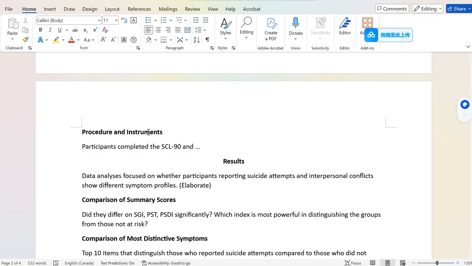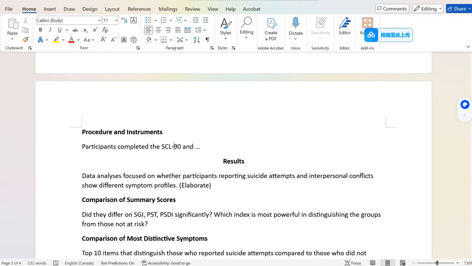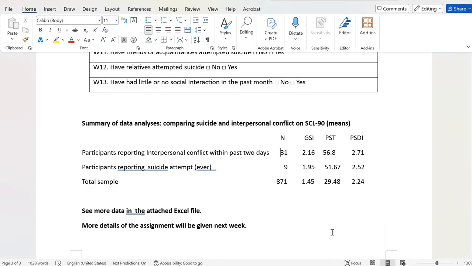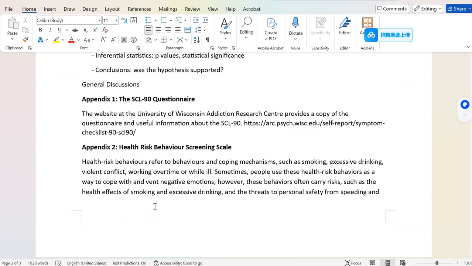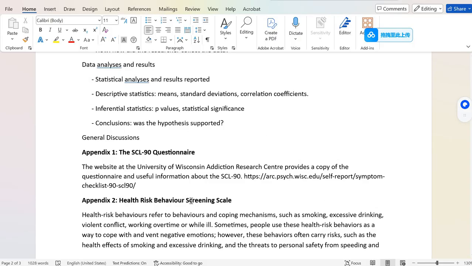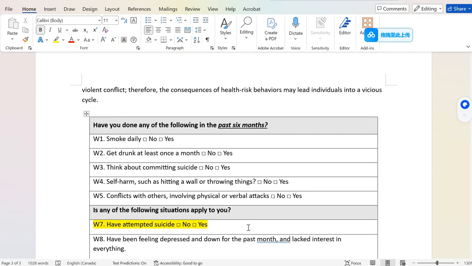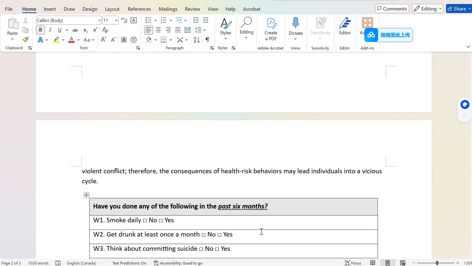One instrument used was SCL-90 for testing the symptoms, self-report symptoms. You describe that. And there's another little instrument called the Health Risk Behavior Screening Scale. The 871 participants completed both the SCL-90 and this risk behavior screening scale.